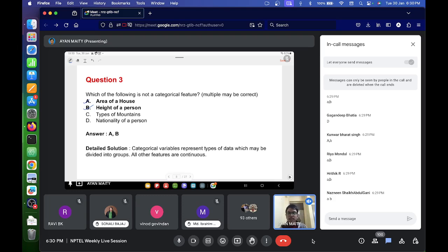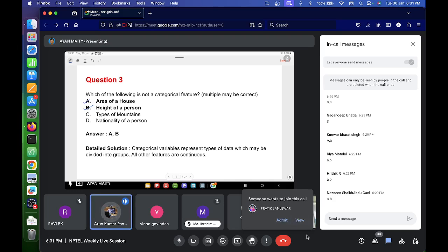Types of mountains is a categorical feature because there are specific categories of mountains. Nationality of a person is also a categorical feature, as there are only a specific number of nationality categories. So A and B are the two correct answers. These two are not categorical features.